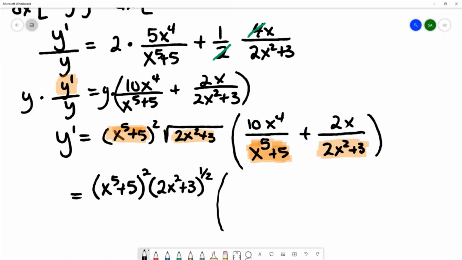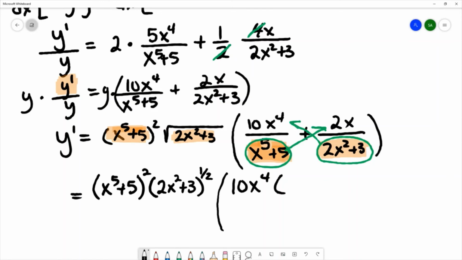On this right-hand side here, this right factor, I'm going to get a common denominator between these fractions. And what I'll do is I'll multiply this denominator times this numerator. And I'll multiply this denominator times this numerator to combine those fractions together. That's finding a common denominator.